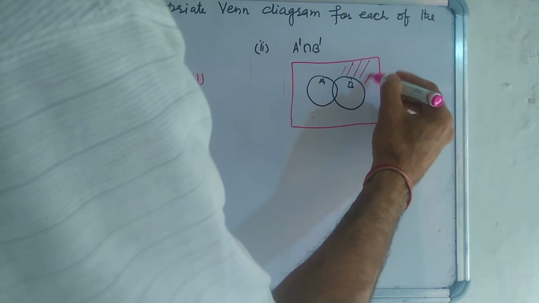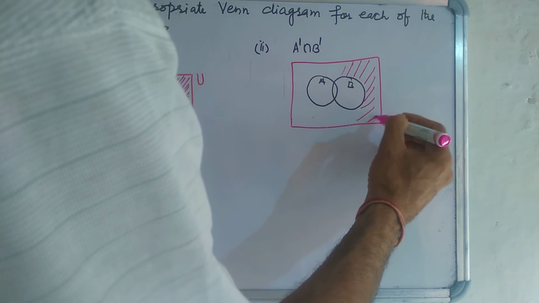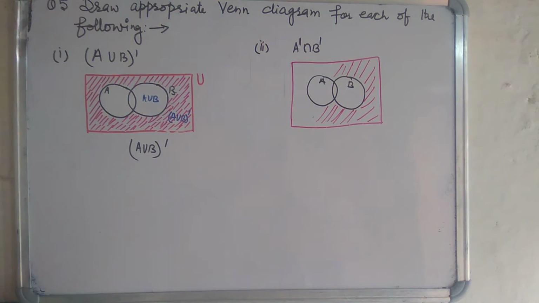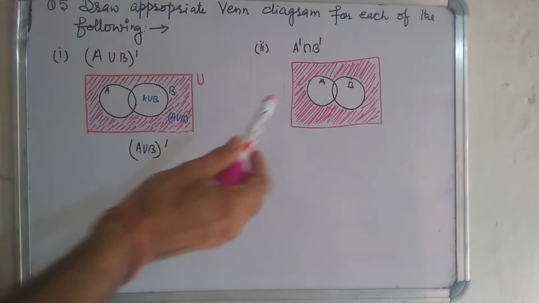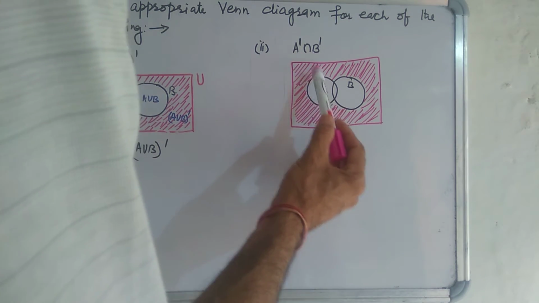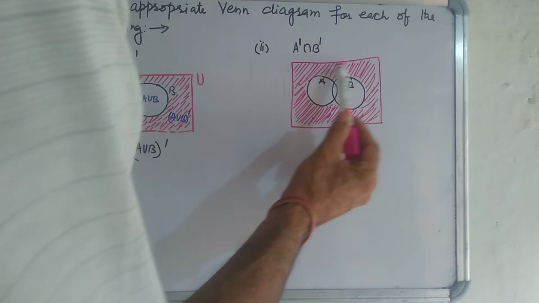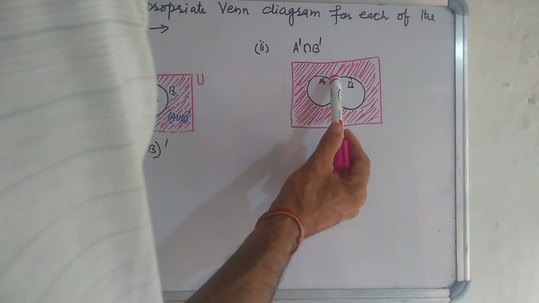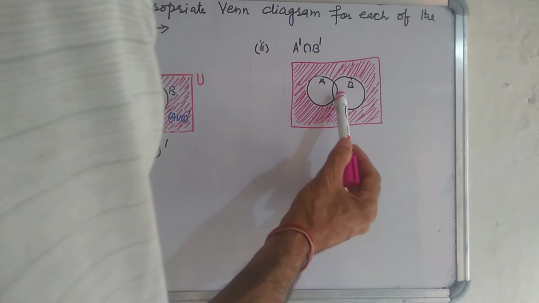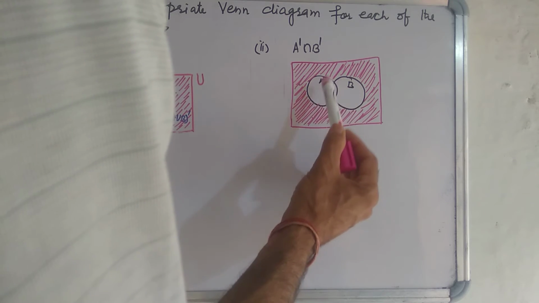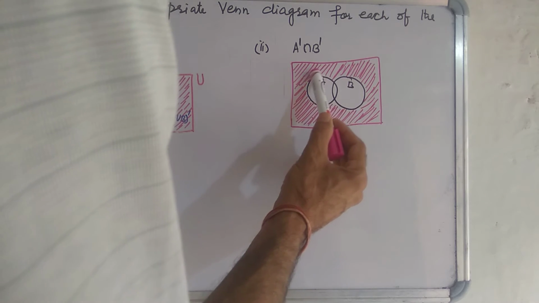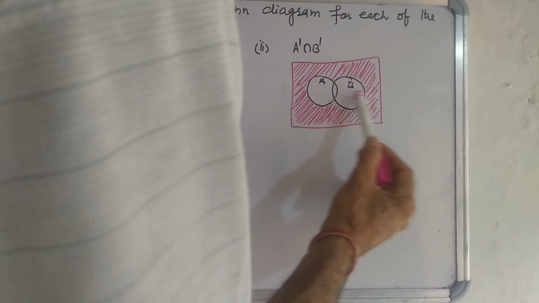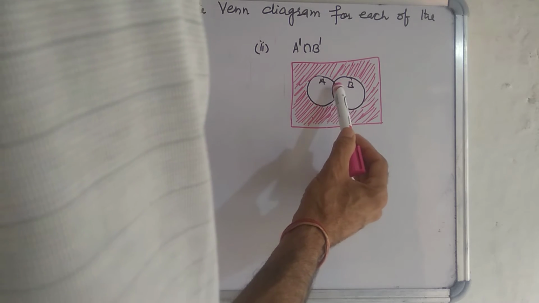This is the common portion of the complements of A and B. The complement of A is outside A, and the complement of B is outside B. So this portion and this portion are not common.